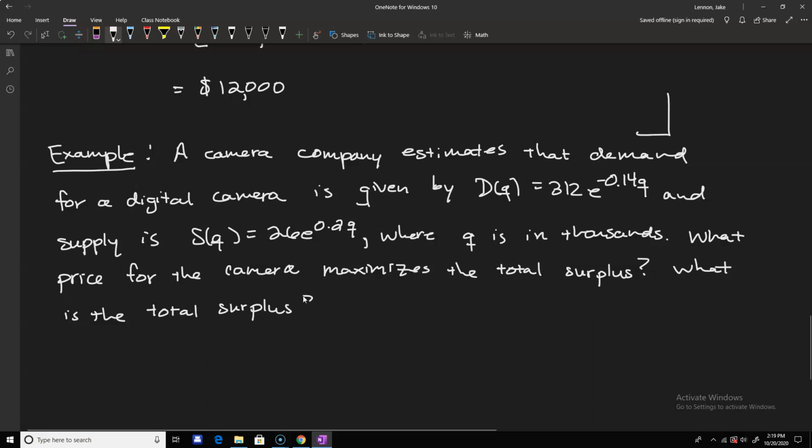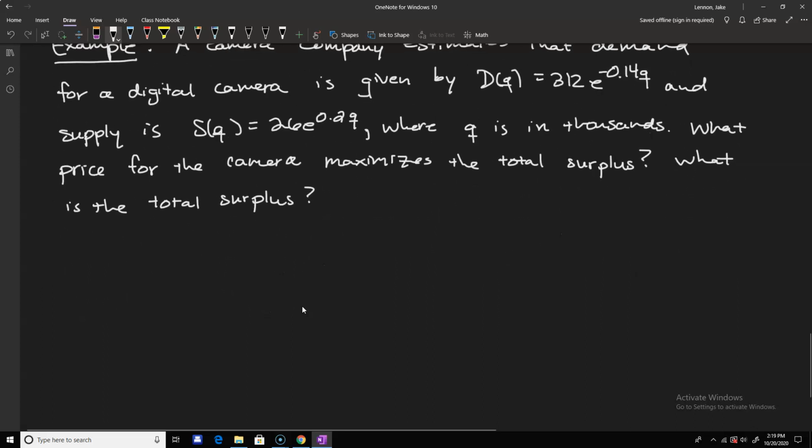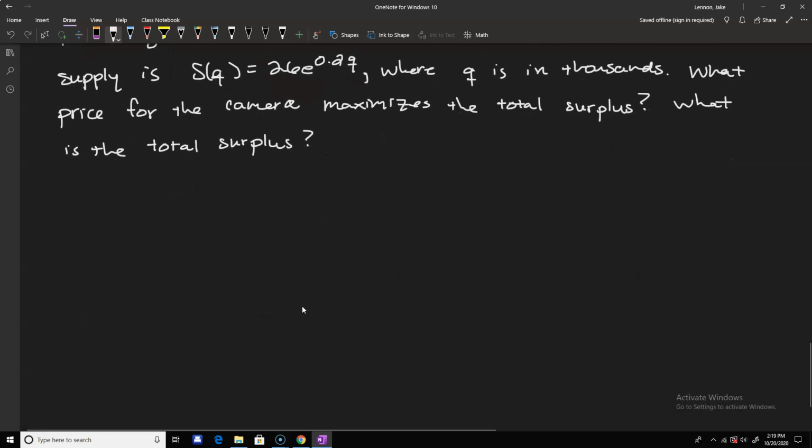So that is our third formula that we wrote down at the very beginning. So the first task is to find the equilibrium point. So let's start by doing that. So we just set D of Q equal to S of Q and solve for Q. So this is capital Q, comma capital P.